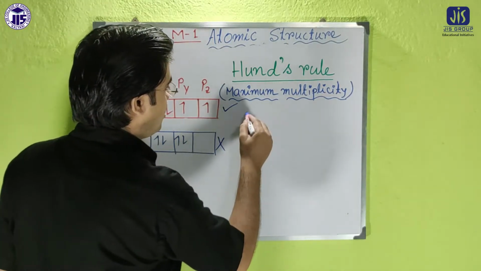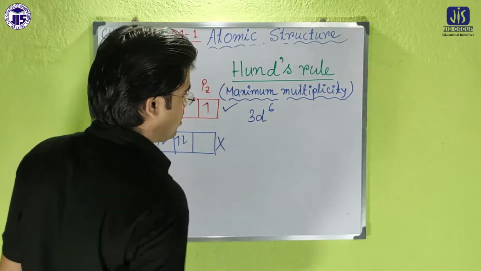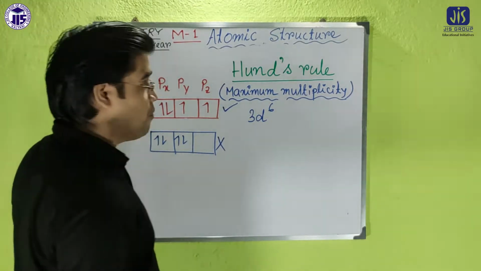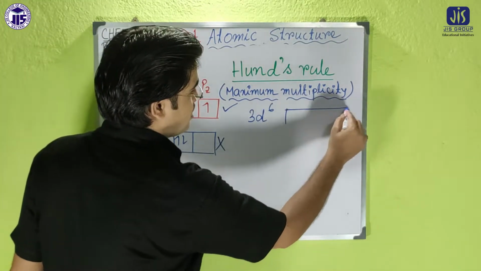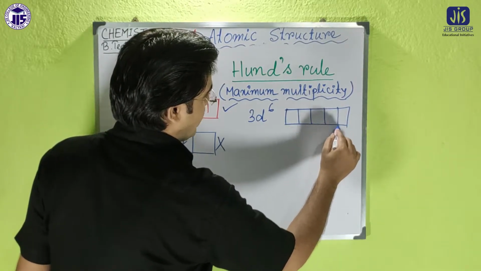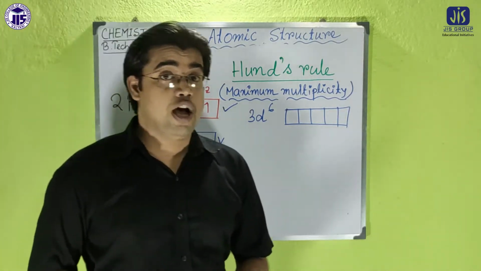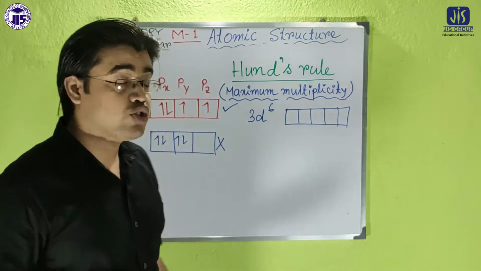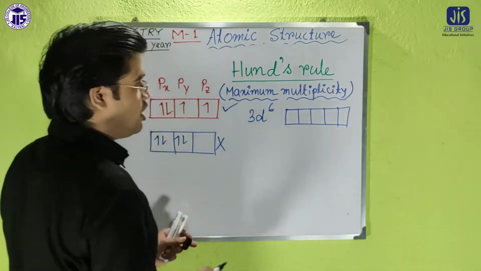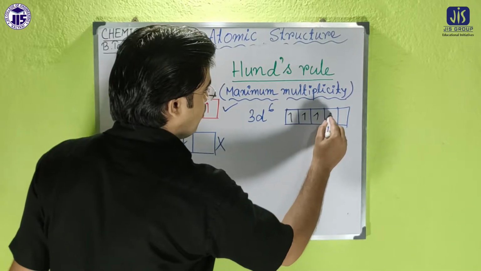Like 3d6. Now I will show you what the electronic configuration of 3d6 will be. For the d subshell there are 5 d orbitals. So I can put the electrons like this: 1, 2, 3, 4, 5.